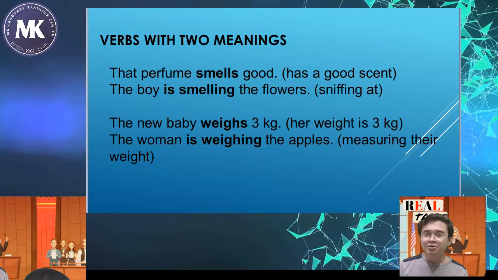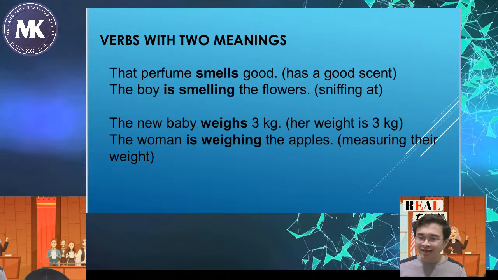So the smells good here, the first sentence, is a stative verb because it is under the sensing verbs. And here, the boy is smelling the flowers. Oh, smelling here means sniffing at. There's action there. You're sniffing the flower. So if there's an action, then we can call this one a dynamic verb because it shows physical activity.